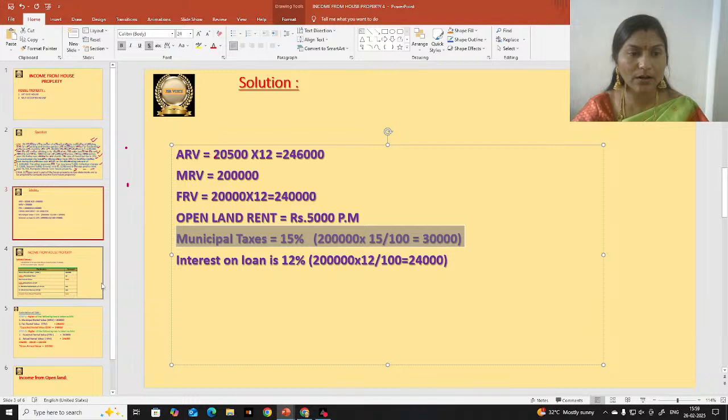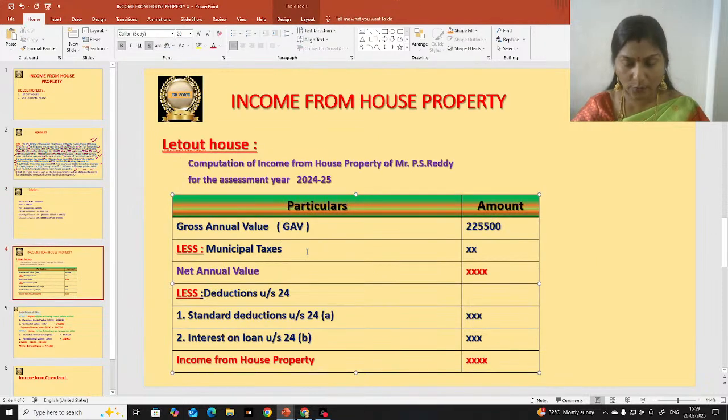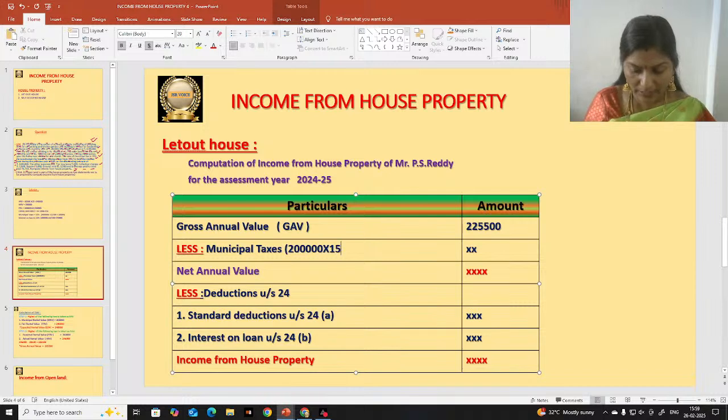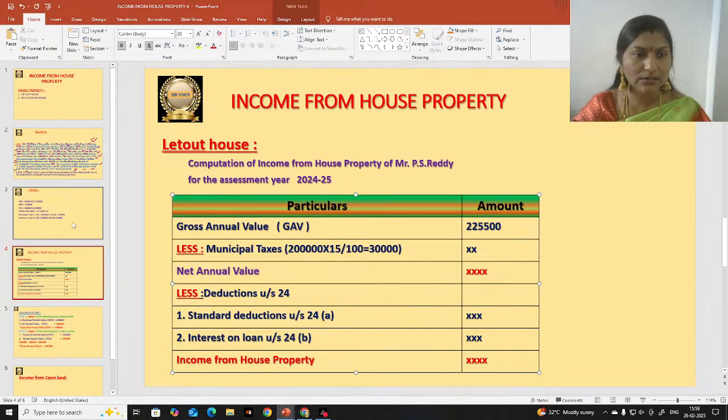Let us go to our solution and record here. If you want, you can mention here also in the calculation. So 2 lakhs is MRV, on that how much percentage are you calculating? 15 percentage. So how much will you get? You will get 30,000. Okay, so that is municipal taxes calculation.